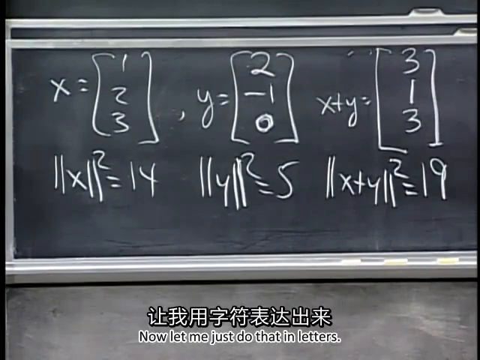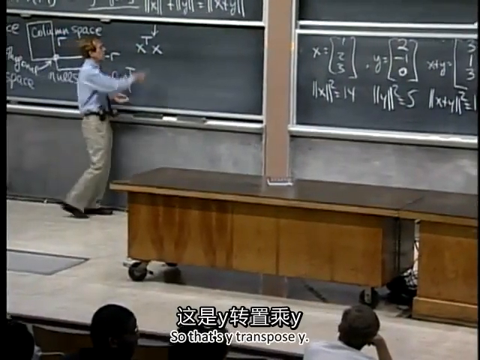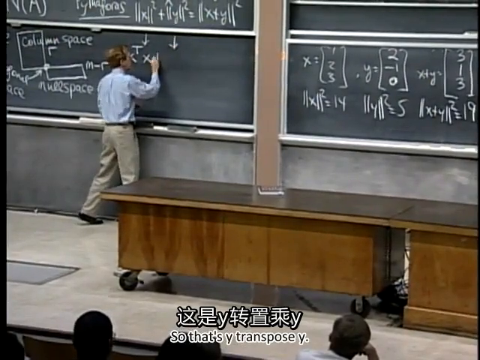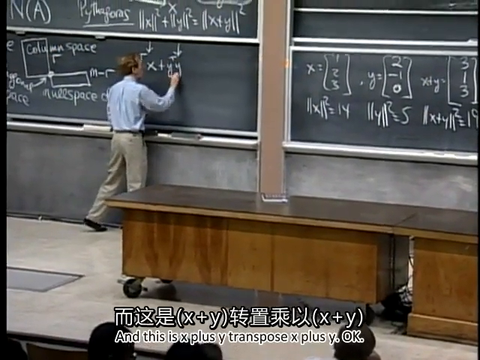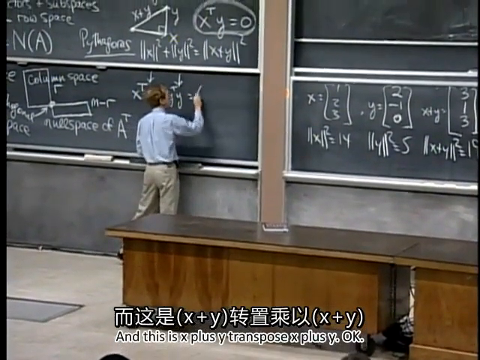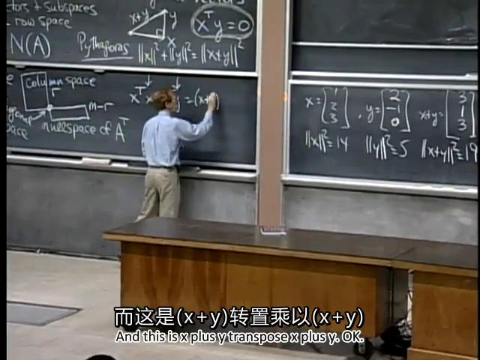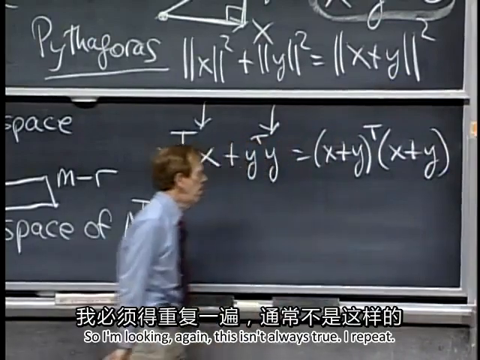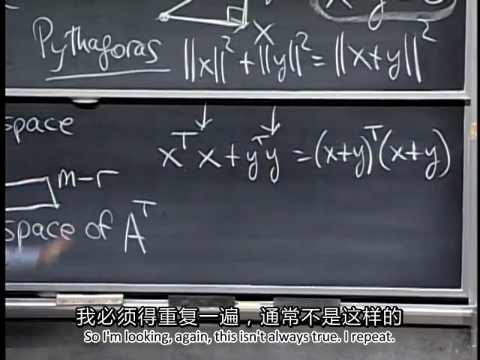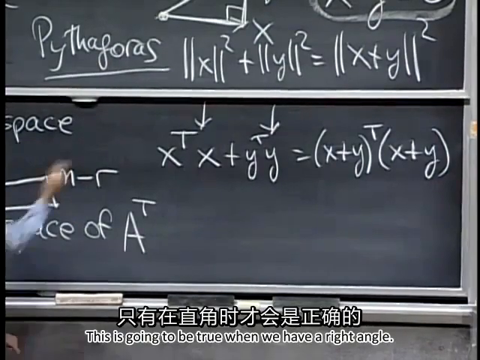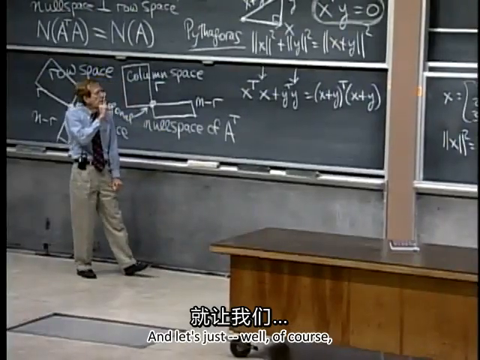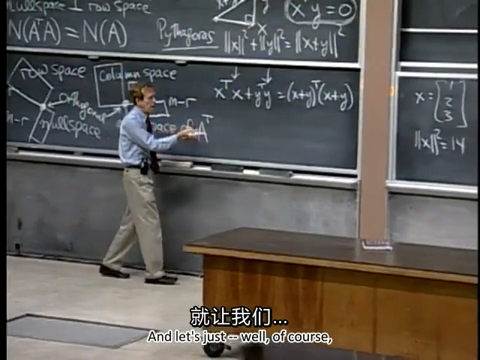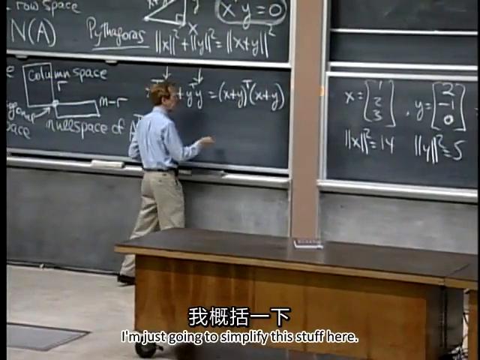Now, let me just do that in letters. So that's y transpose y. And this is x plus y transpose x plus y. Okay. So I'm looking, again, this isn't always true. I repeat, this is going to be true when we have a right angle. Let me simplify this stuff here.